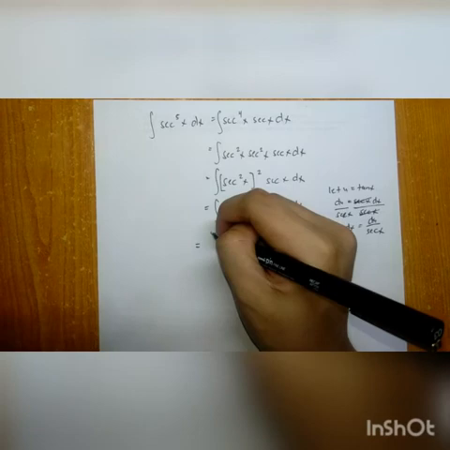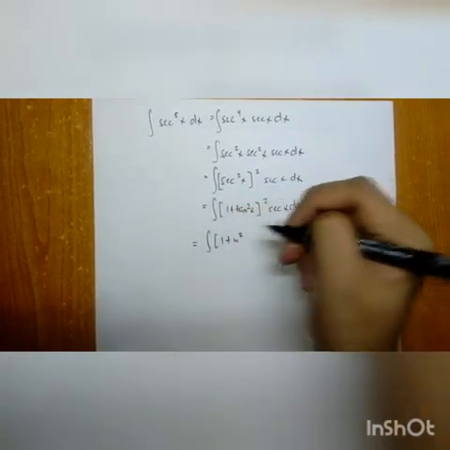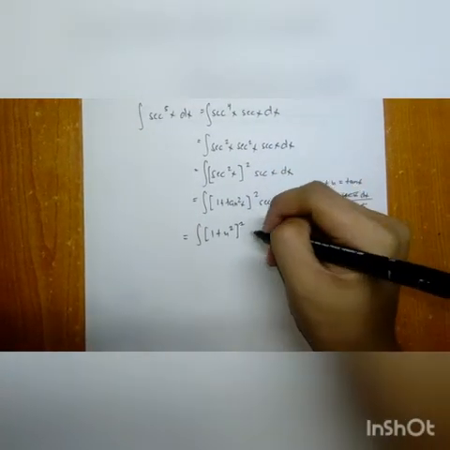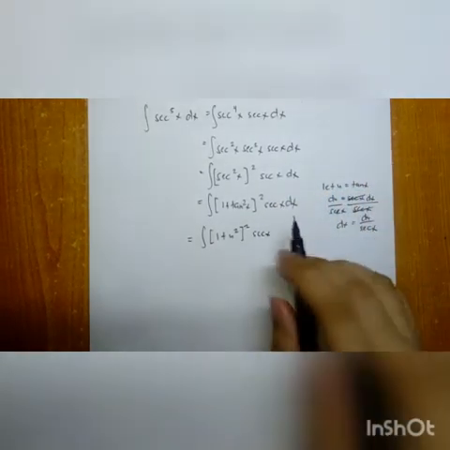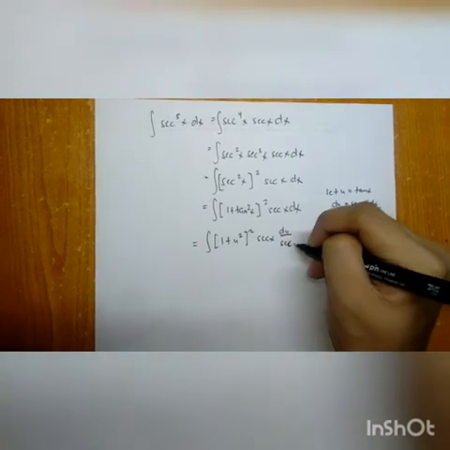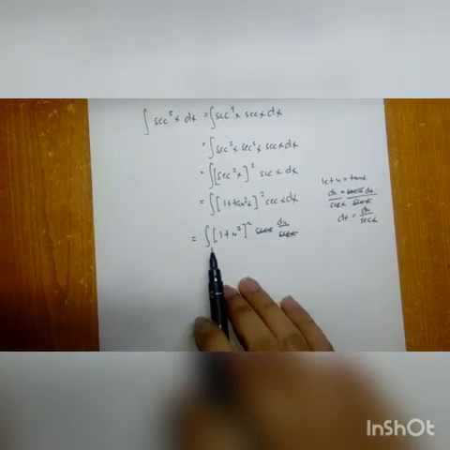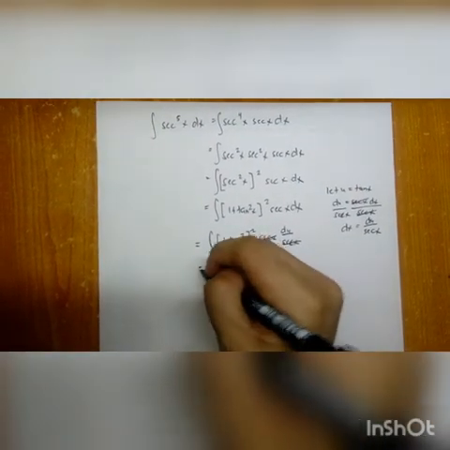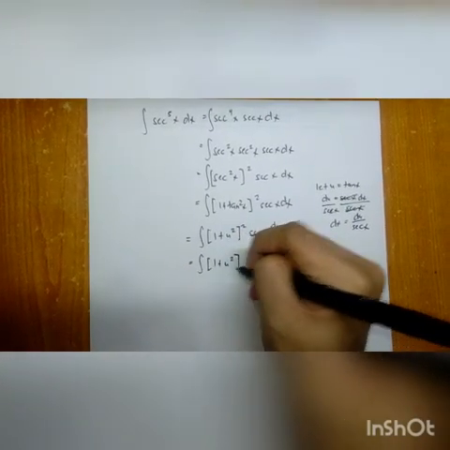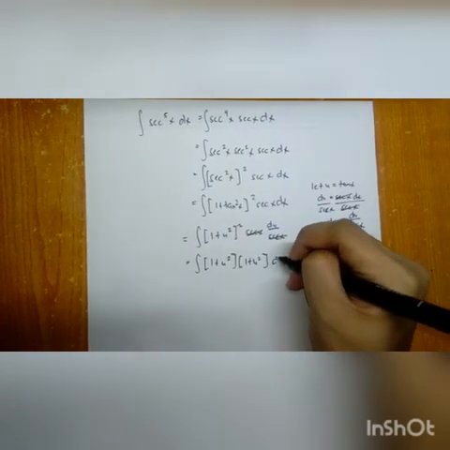Now, we will substitute 1 plus u squared, then secant x dx will be changed to du over secant x and will be cancelled, and these two can be written as 1 plus u squared and another 1 plus u squared du.